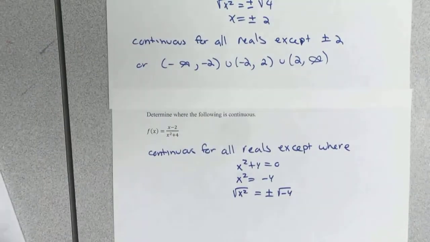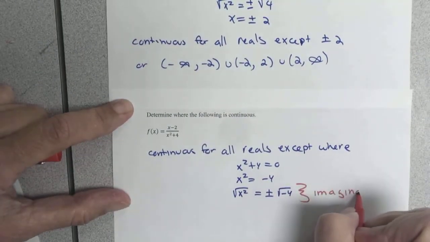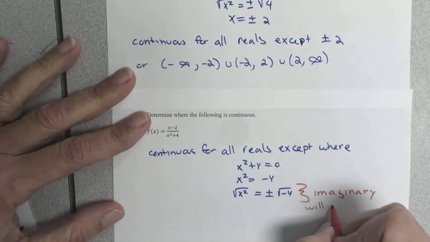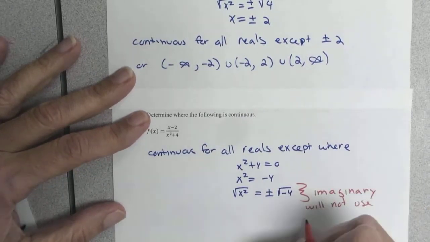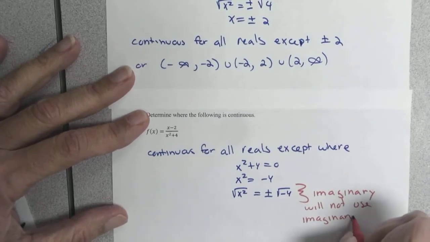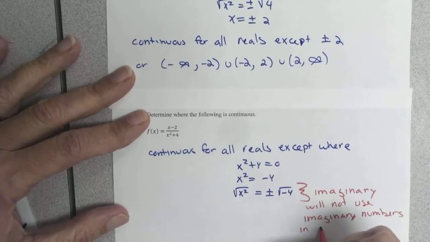Take the square root of both sides, include that all-important plus or minus. And then I'm going to stop right here. This is imaginary. And we are not going to use imaginary numbers. Will not use imaginary numbers in Calculus 1.